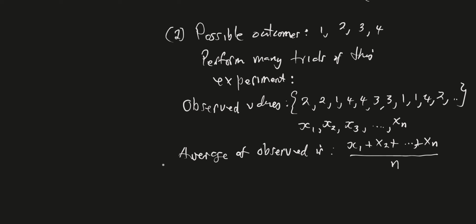So in other words, as n goes to infinity, this sum, in fact, let's write it with the sigma notation, the sum for k going from 1 to n of x sub k over n, which would be like your observed average, will converge to the mean of your distribution, right?